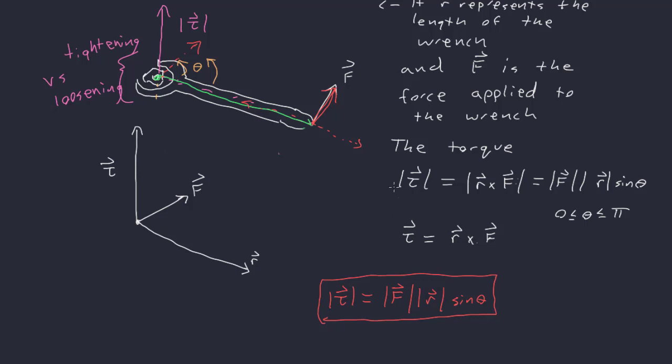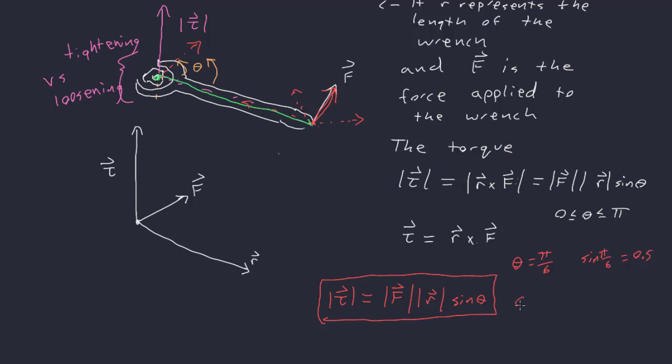What's interesting, I find, is that say you are at something like pi over 6, at 30 degrees. Sine of pi over 6 is just 0.5.